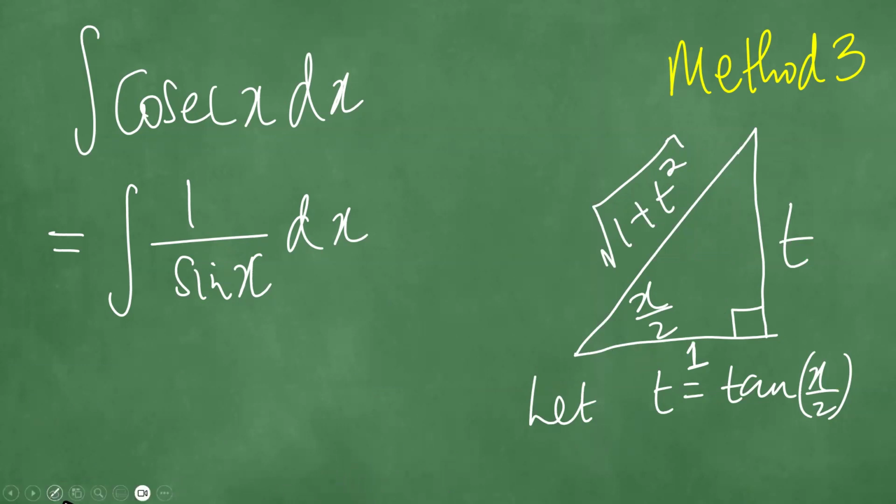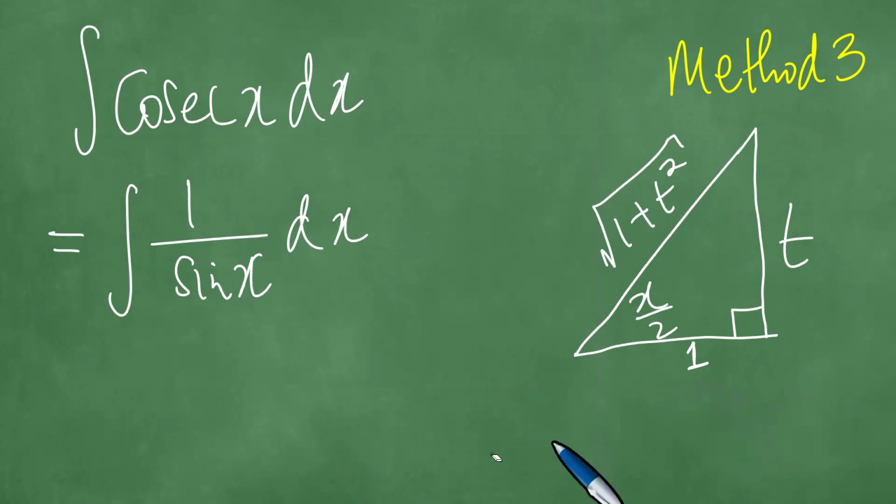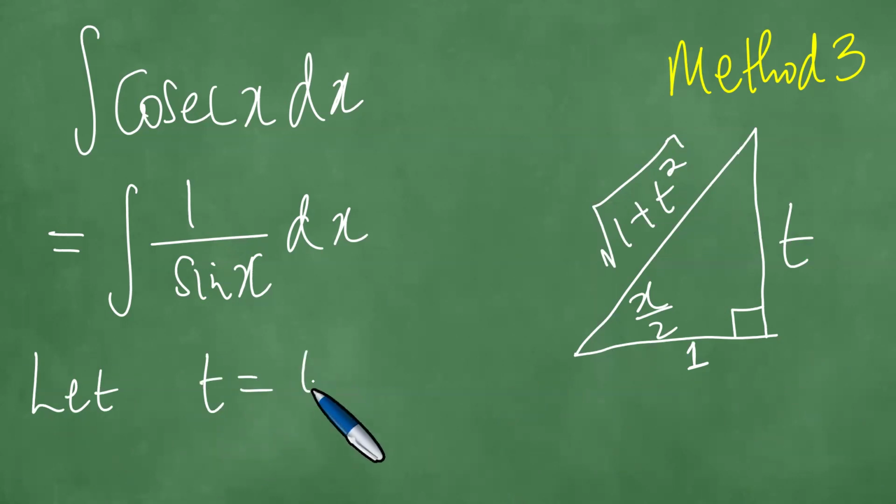If this is the case, let's write this step here so that we write very clearly. We don't want things to get mixed up. Right, so we let t be the tangent of x over 2.